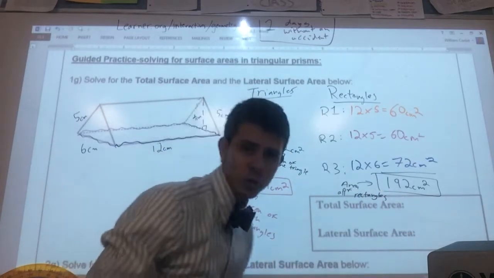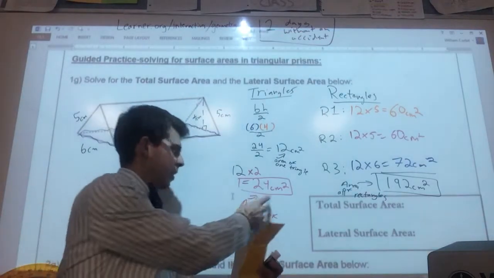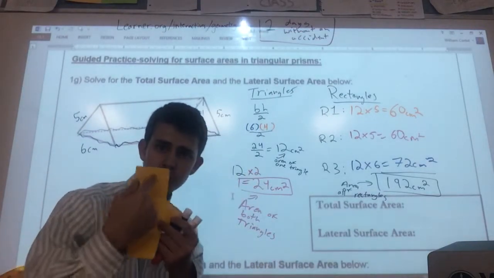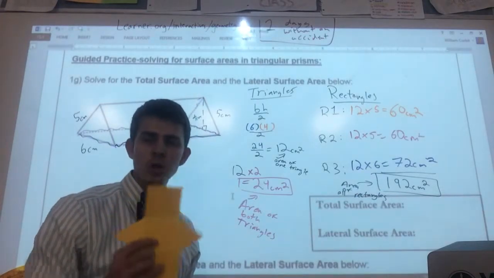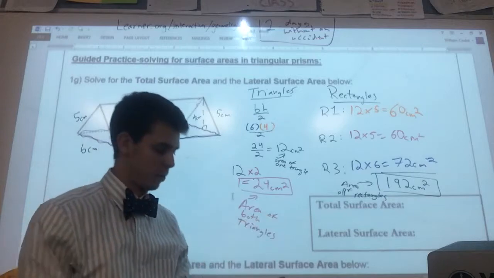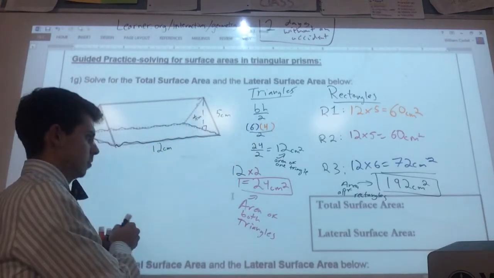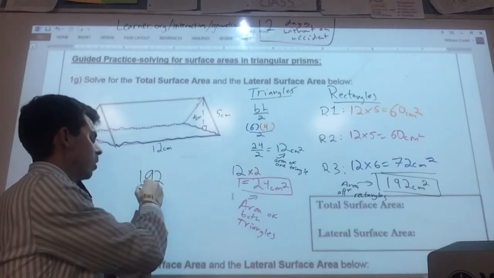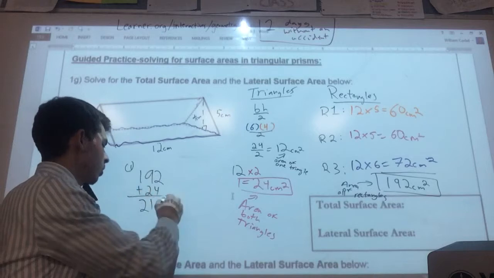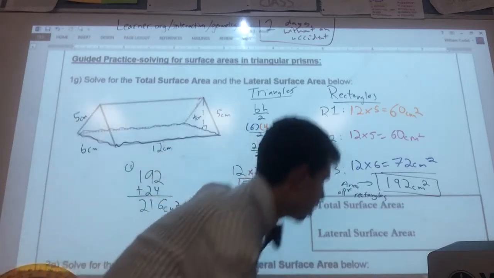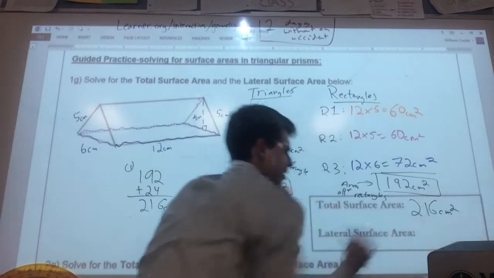And to figure out the total surface area, how many shapes were there? Well, there's 2 triangles, and we found that that was 24 centimeters squared. And the 3 rectangles was 192 centimeters squared. So now all we need to do is, of course, add them up. 192 plus 24 is 216 centimeters squared. The total area, 216 centimeters squared.